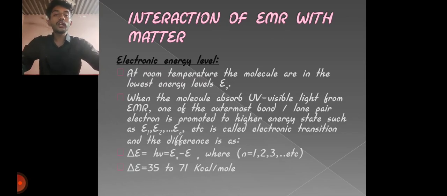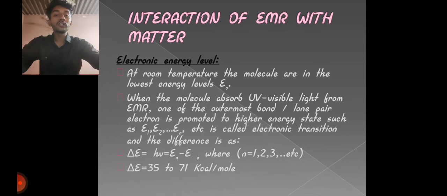So electronic energy level: at room temperature, the molecules are in the lowest energy level, that is epsilon naught, where the molecules absorb UV visible light from EMR. One of the outermost bond or lone pair electrons is promoted to a higher energy state, such as epsilon 1, epsilon 2, and so on.